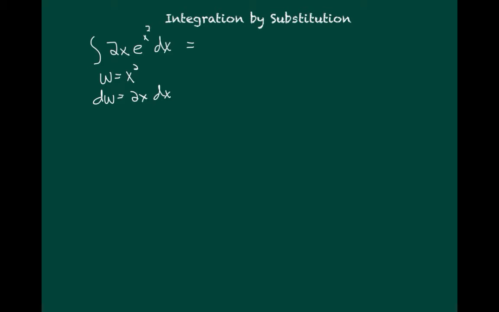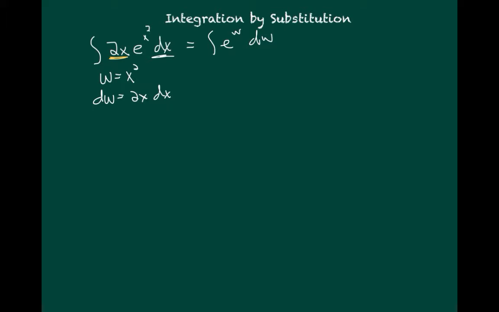Alright, now that I have all w's on the left side and x's on the right, I'm just going to rewrite my integral with w's. So 2x is part of my dw, so I'm really just left with e to the w dw, because again, the dw represents the 2x and the dx, and w represents the x squared.